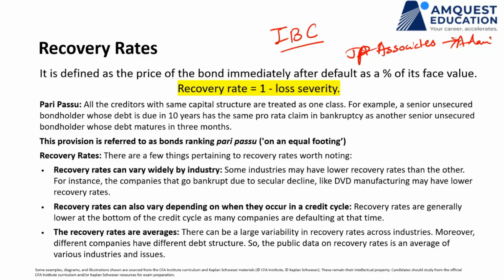Relatively more non-performing assets in steel, again a very problematic sector, and shipping. So it is very, very industry specific. You don't find a lot of defaults or bankruptcies in an industry like IT. So always remember that recovery rates can vary by industry. Recovery rates can also vary depending on when they occur in credit cycles. Think about it. Why?